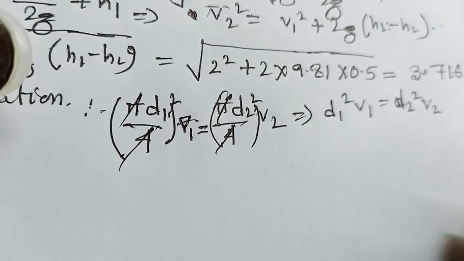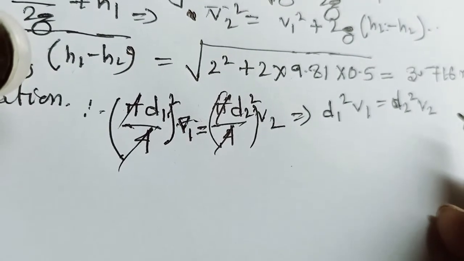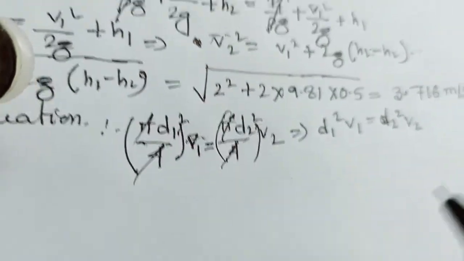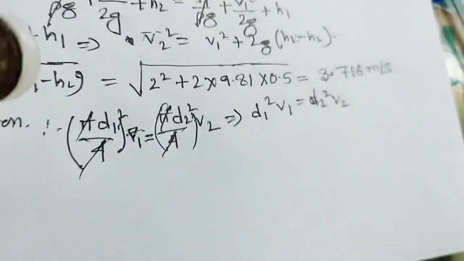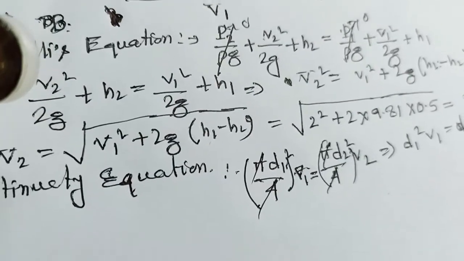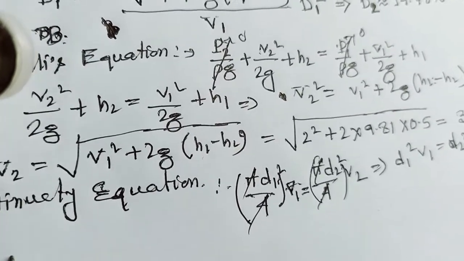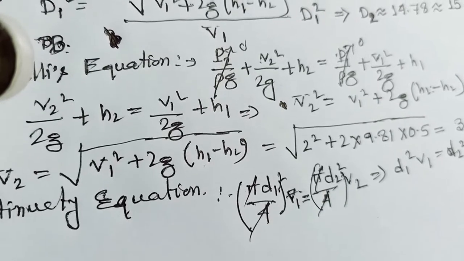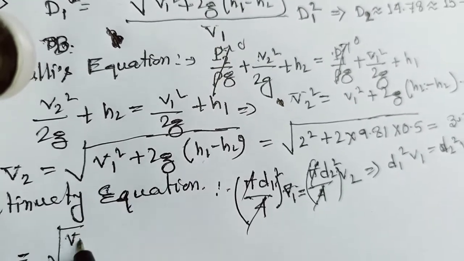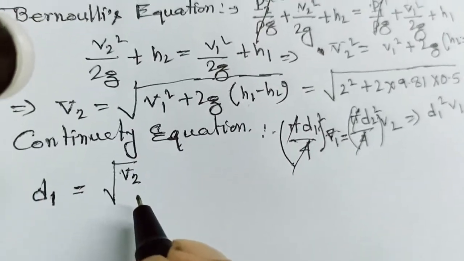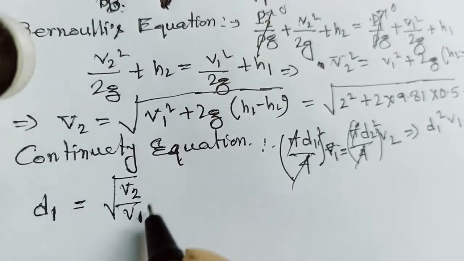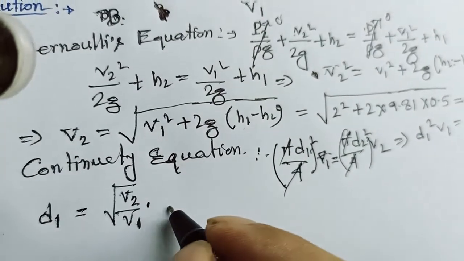Now we have to find the diameter d1. So from that equation we can write the diameter d1 is equal to under root of V2 divided by V1 into d2.